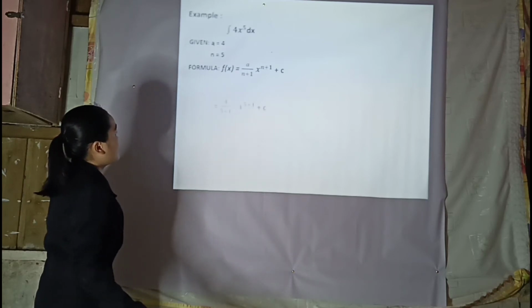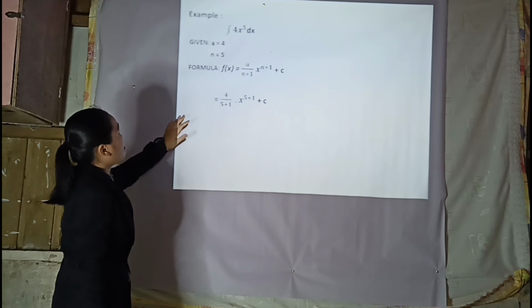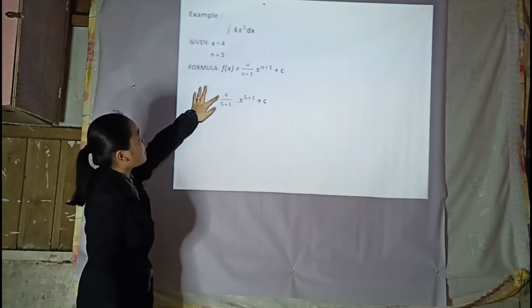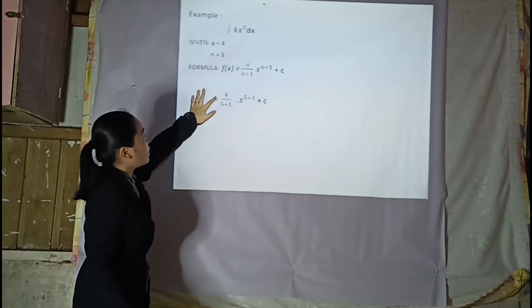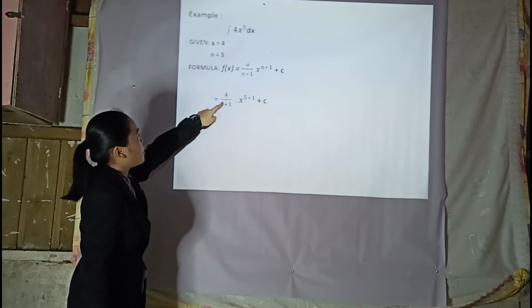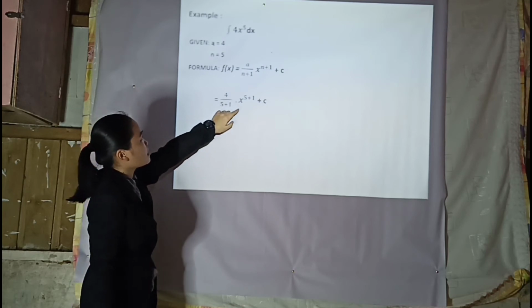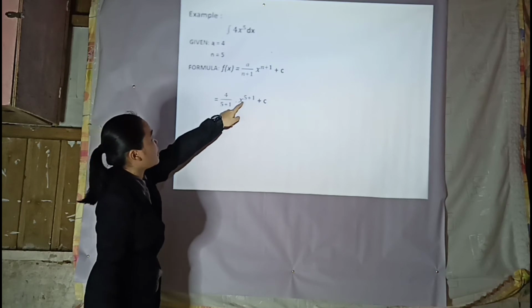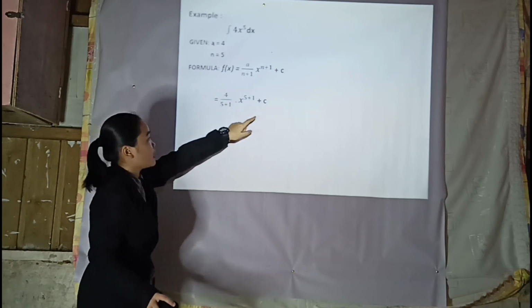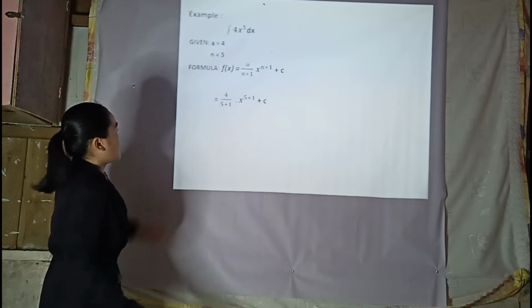So, let's have 4 over 5 plus 1, because our a here is 4 and our n is 5. So, 4 over 5 plus 1 times x, copying the x and substituting the value of n, raised to the power of 5 plus 1, plus c, which is our constant.